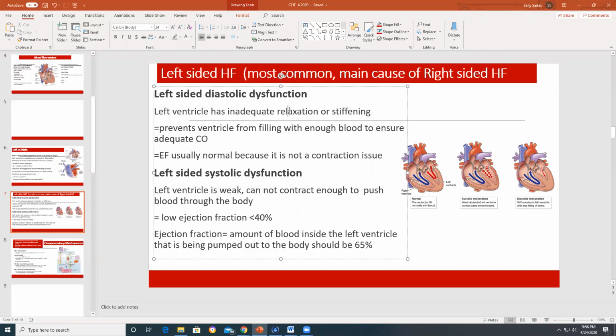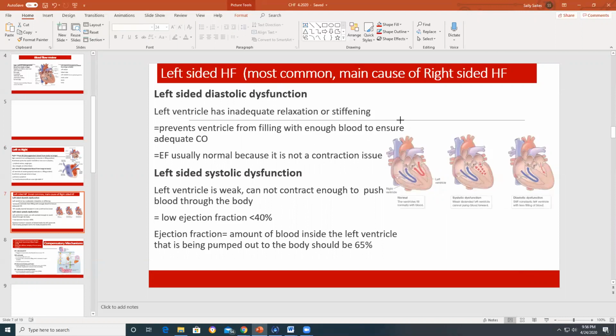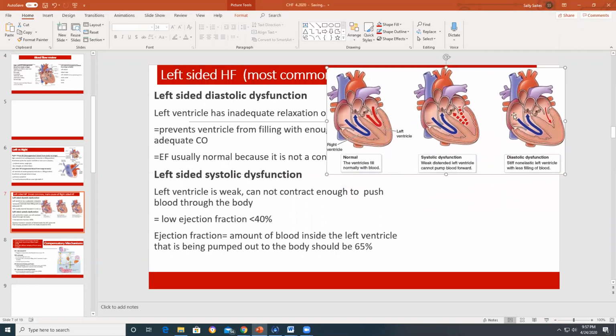So if the ventricle itself cannot relax and fill properly with blood, like a nice soft balloon, let's say, or it's stiffened or hardened from disease, then what we're going to have is an area in the ventricle that cannot properly give an adequate amount of blood into this ventricle that we need to be pumped out into our body to give us enough oxygenated blood.